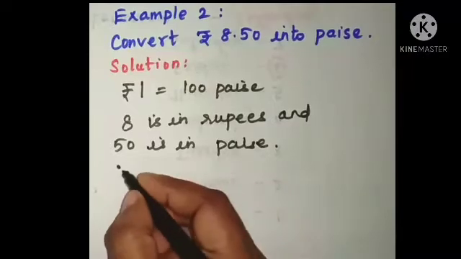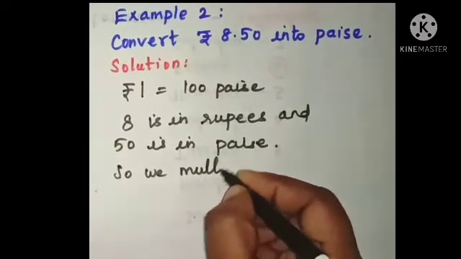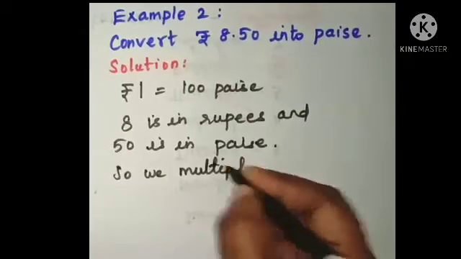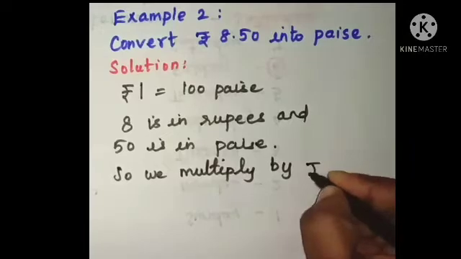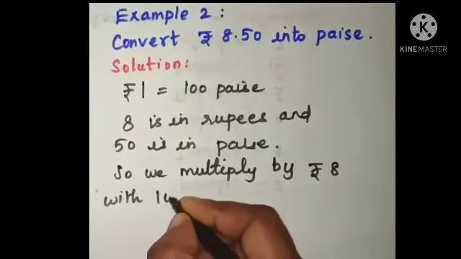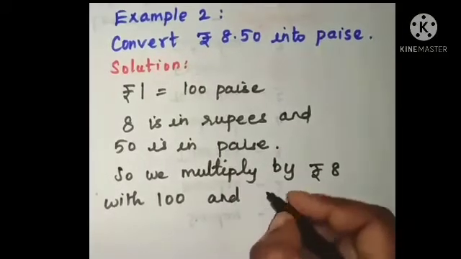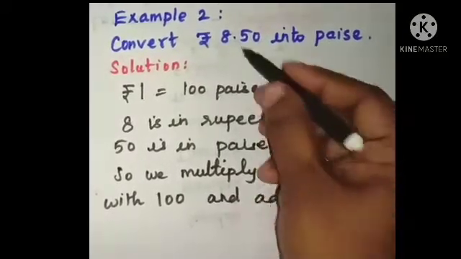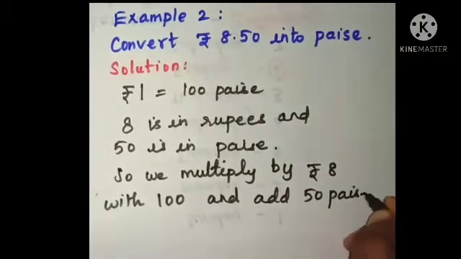We have to multiply 8 with 100. And then what we will do? Add 50 paise.